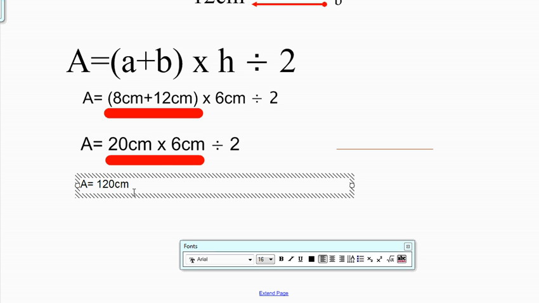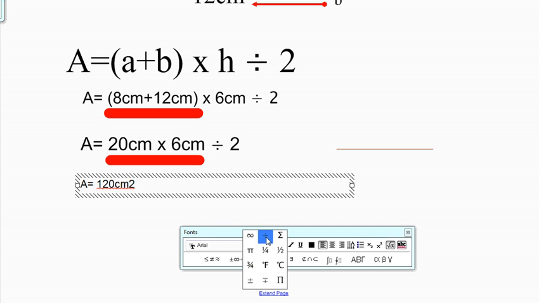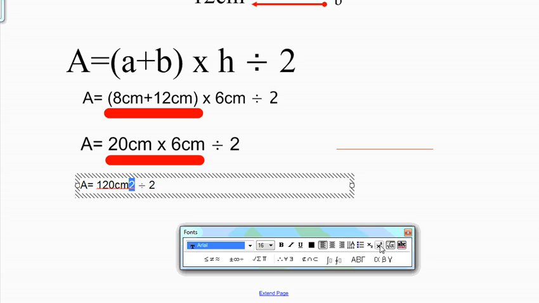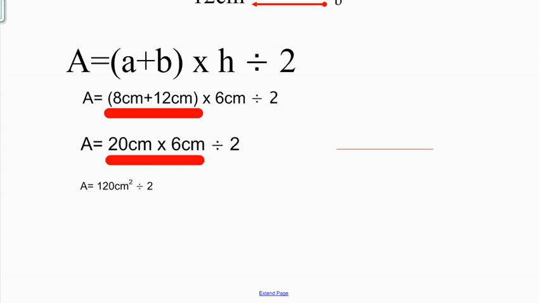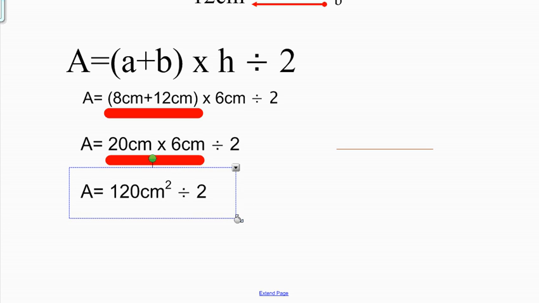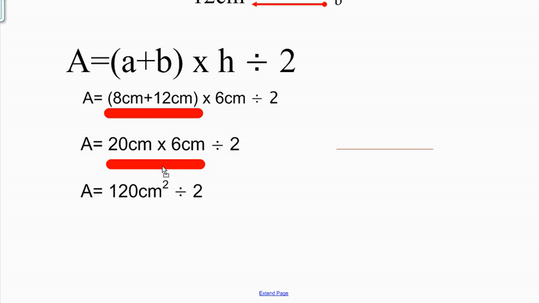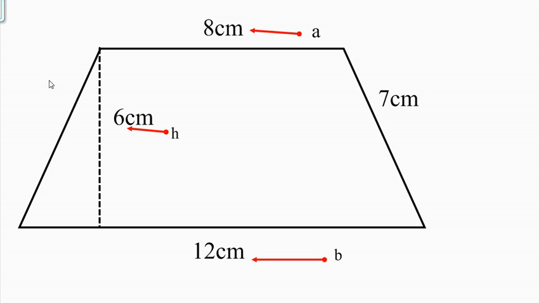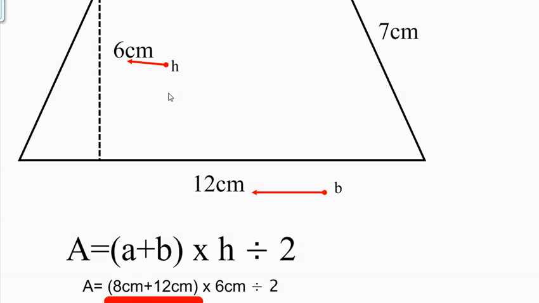And because now we found an area, we say this is squared, and then divide by 2. Now, of course, I don't want to make this into an exponent yet. So we dealt with all of that now, and everything is all lined up. Now, finally, we're going to do this one here: 120 centimeters squared divided by 2. If we do that, we'll have the area of the trapezoid.